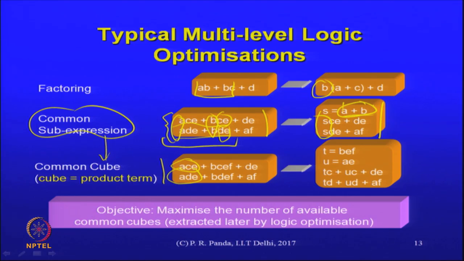I can see that there is a common cube between these two, that is extracted out, and so u is extracted out, and I have the product of u with C and D. This is a little easier, because it depends of course on how you represent these things, but to take one product term like that, and take another product term and find that there is a common cube between these two, is an easier activity than taking a general expression and some other expression and finding that there is a common sub expression.